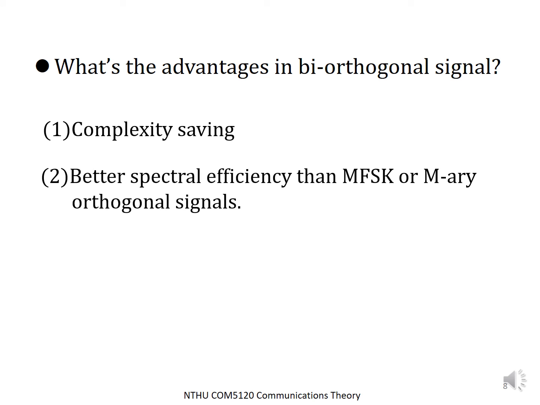The second advantage is better spectral efficiency than FSK or MRA orthogonal signals, because the number of carrier frequencies is reduced by 50%, so the required bandwidth is reduced significantly.